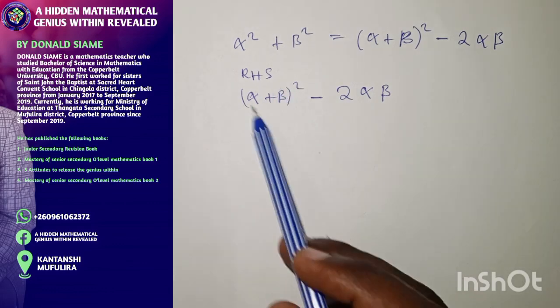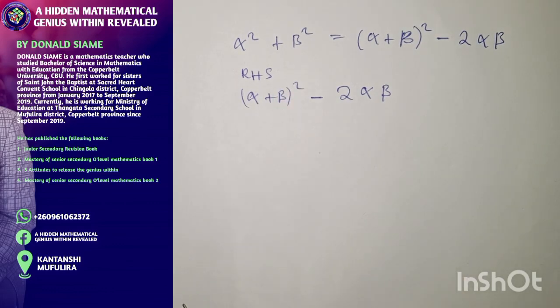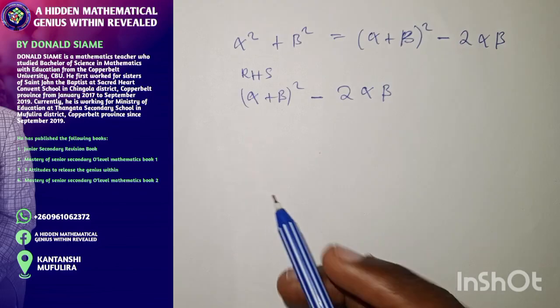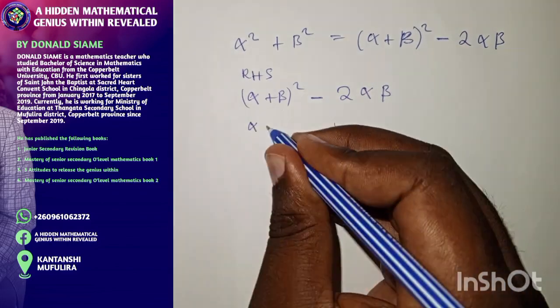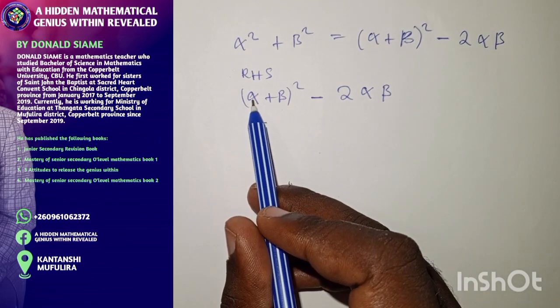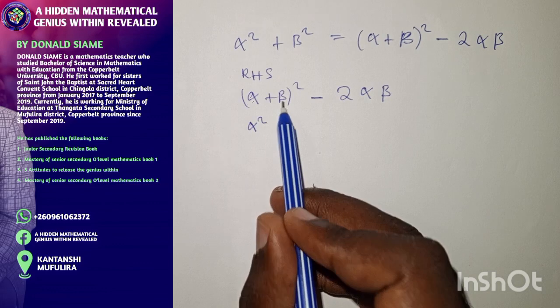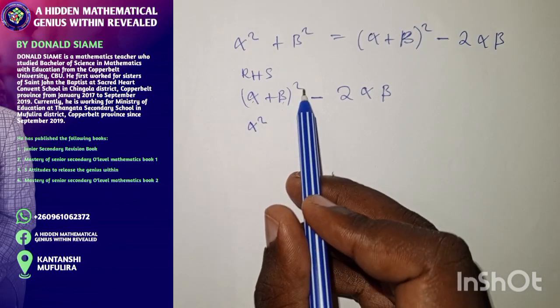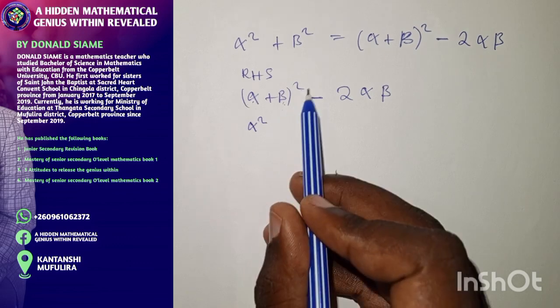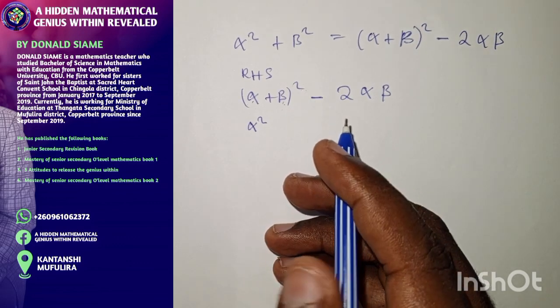Okay, you expand this. When you are squaring an expression, there is a simple procedure you can follow, which is the shortcut. First, square the first term, so it will be alpha squared. Second step, you multiply the first term by the second term, so alpha times beta gives alpha beta, times 2, it will be 2 alpha beta.